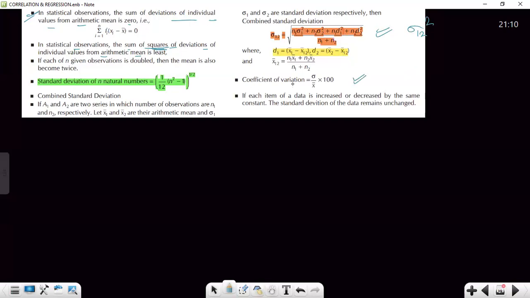We have talked about it. Coefficient of variation is directly dependent on variability and inversely on consistency. If each item of data is increased or decreased by the same constant, the standard deviation of the data remains unchanged, and this is also applicable for the variance of the data.